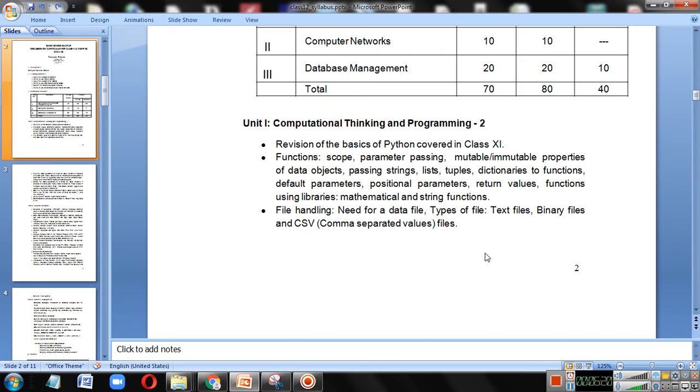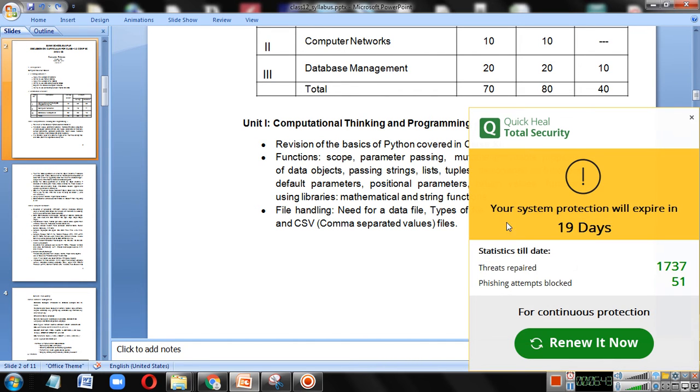In detail, I will tell you exactly what we are going to discuss in the syllabus covered in class 11th. Apart from that, we have divided into revision tour 1 and revision tour 2 for class 12th. Apart from that, these are the new units: the functions, the scope, and passing of parameters.